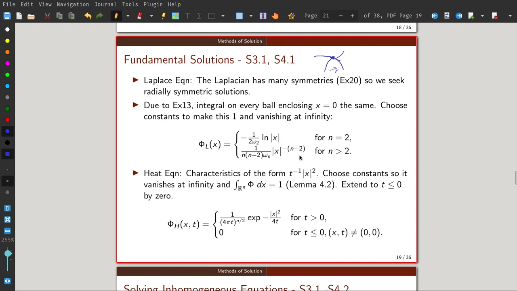And for higher dimensions, we have a polynomial singularity where the order of the polynomial is 2 less than the dimension. One way to understand this is that for dimensions greater than 2, this is the typical behavior. But if you try to look at n equals 2 for this formula, we have a divide by 0 here, and we have an x to the power of 0 here.